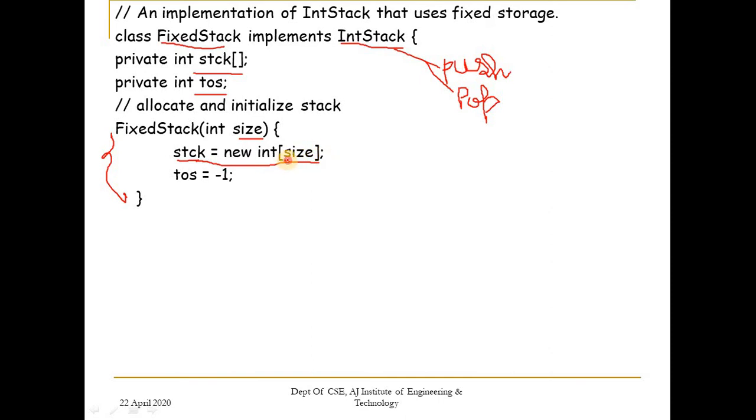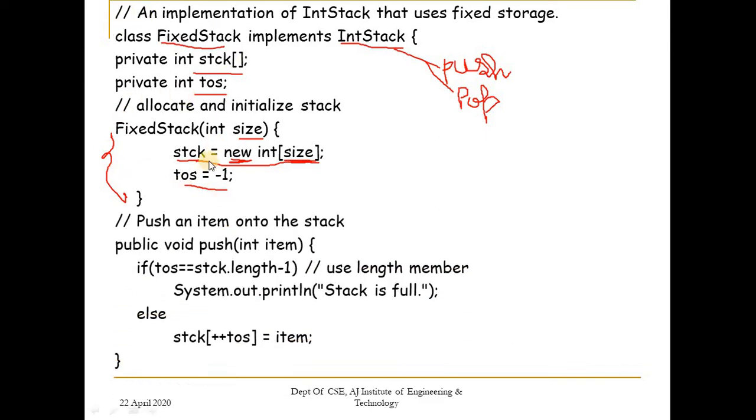Based on the value of size. This size will tell you how much memory you have to allocate using the new operator. So now we have dynamically allocated the memory for the array stack. And we have initialized the top of stack to -1. So this was about the constructor fixed stack.